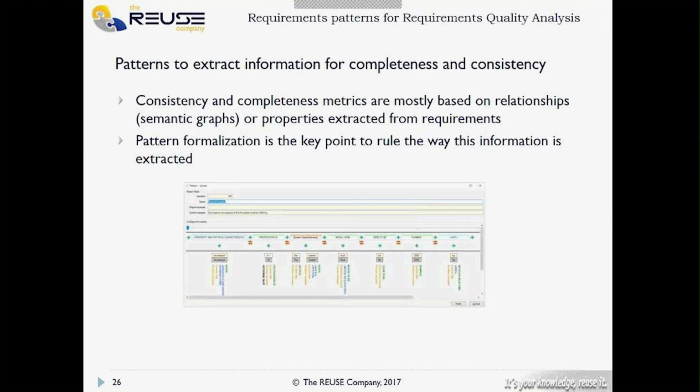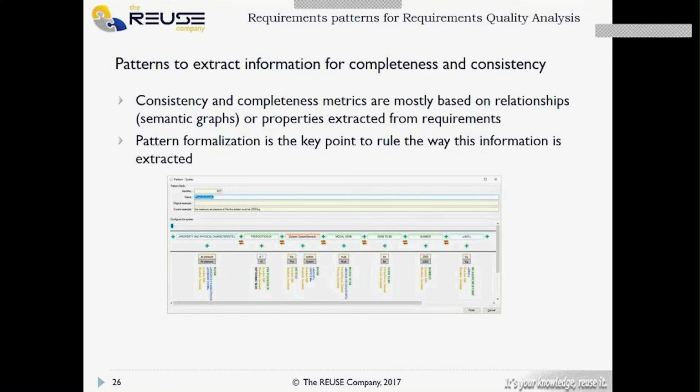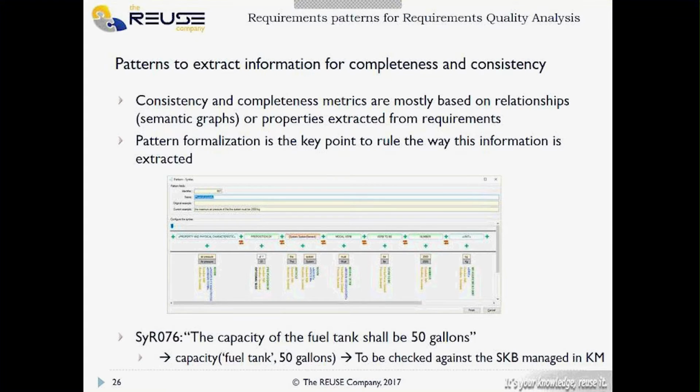More ways of using patterns is using patterns to extract information for completeness and consistency. Most of the time, completeness and consistency are based on semantic graphs or on properties. So just by describing patterns, such as the one you have on the screen, you will be capable of extracting information from a textual requirement.